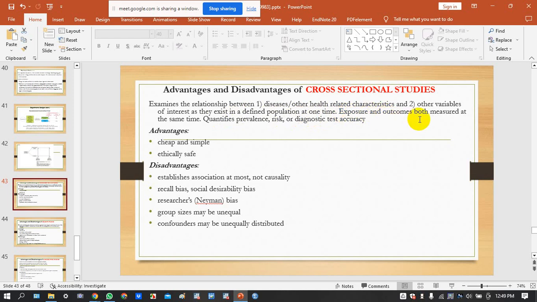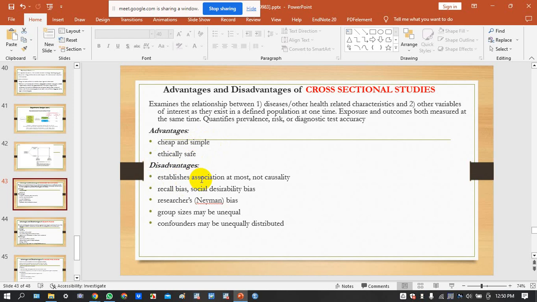Exposure and outcomes are both measured at the same time. It is also called a prevalence study, or a risk or diagnostic test accuracy study. So we use it to diagnose test accuracy too. Advantages: it is very cheap and simple to conduct, and ethically safe. You just draw a sample, or if you do not draw a sample, you just look at risk factors.